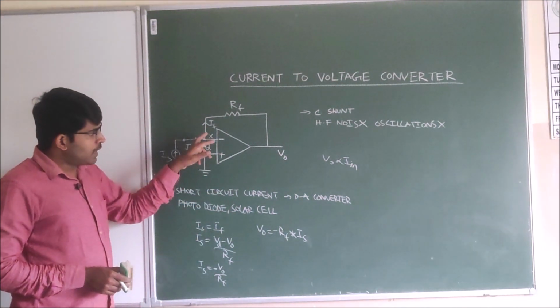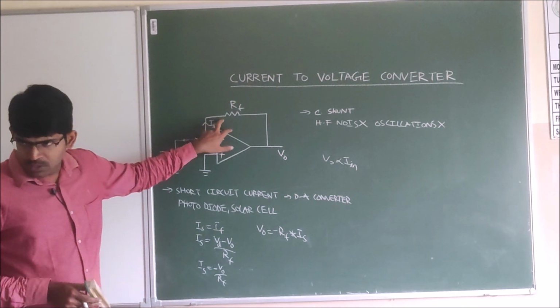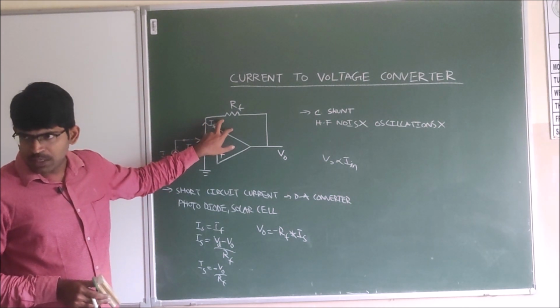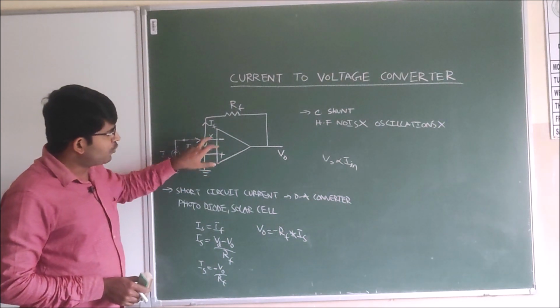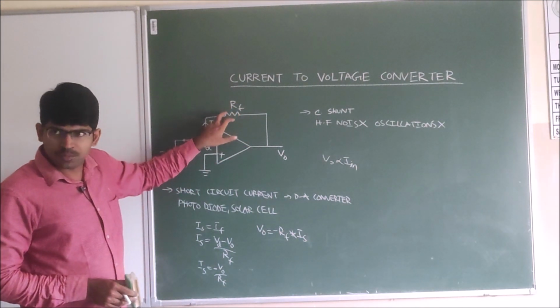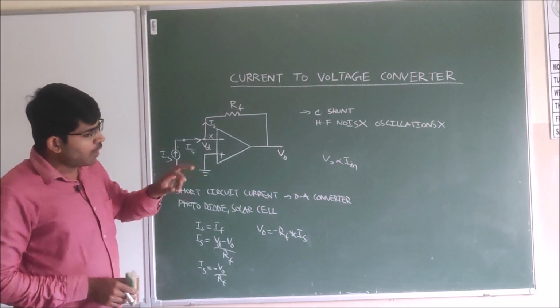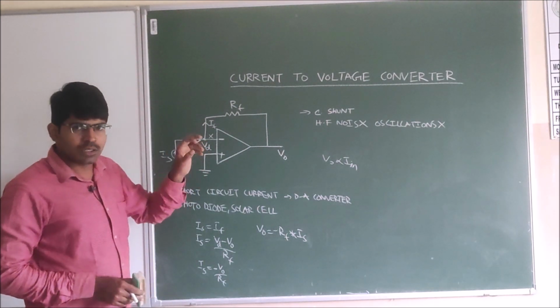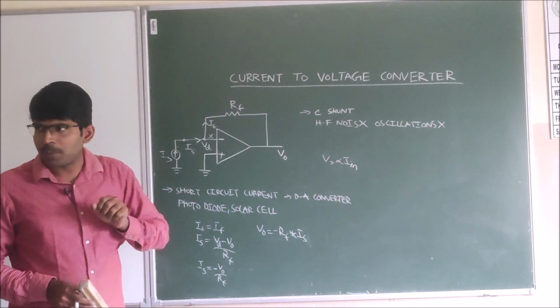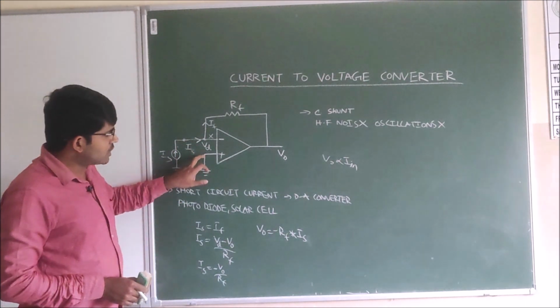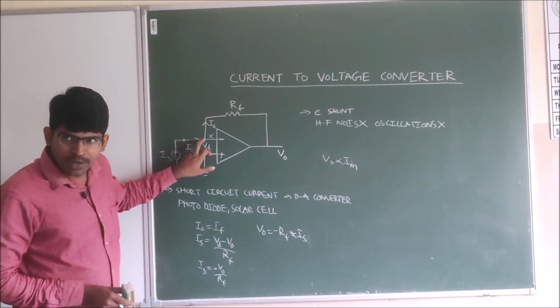We know the current IF in the feedback resistor can be calculated as (Vd minus V0) by RF. By the concept of virtual ground, whatever voltage appears at the non-inverting terminal of the op amp, the same voltage will appear at the inverting terminal.